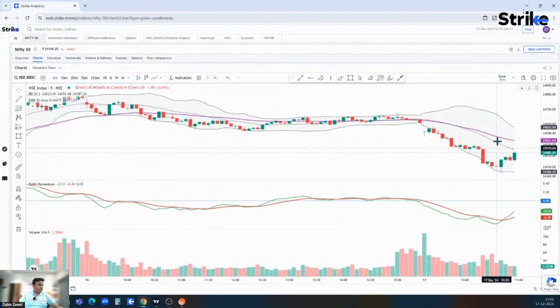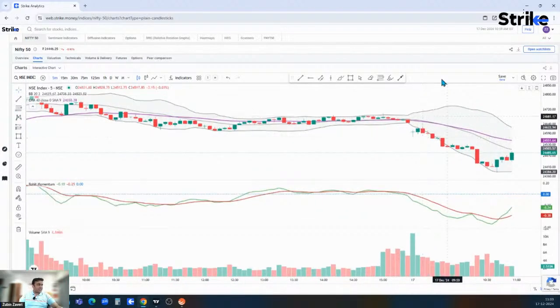On the 5 minute chart, we can see today the market opened down with a small gap, continued lower, and now that it has turned up, the momentum indicator on the 5 minute chart has also turned bullish. So we are expecting Nifty in the next few minutes to take some resistance at this area.